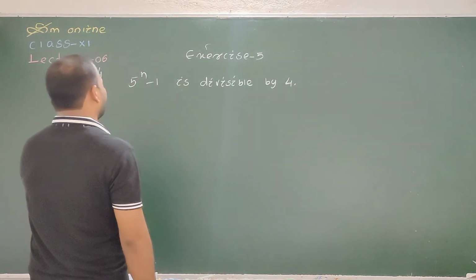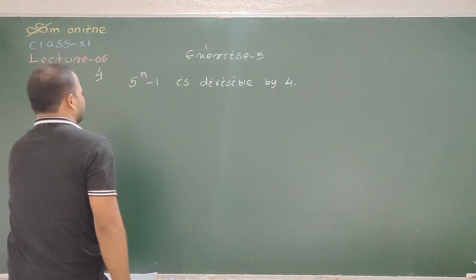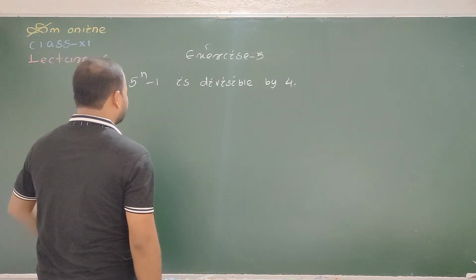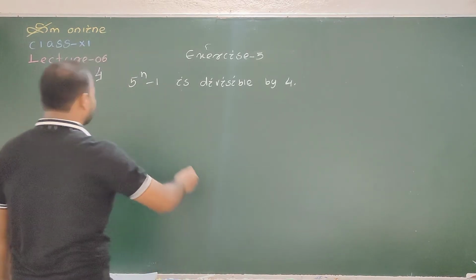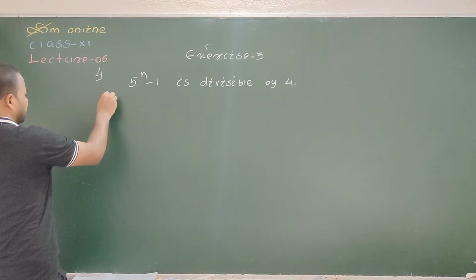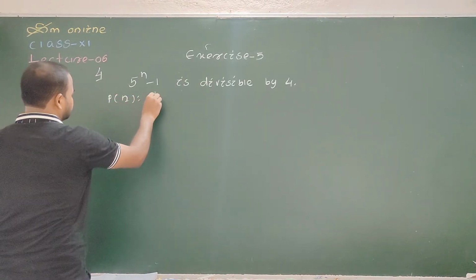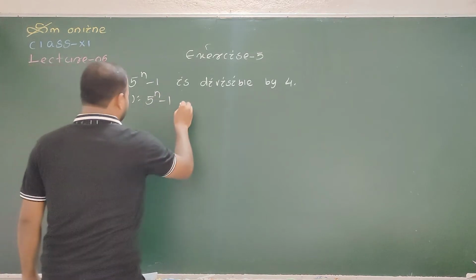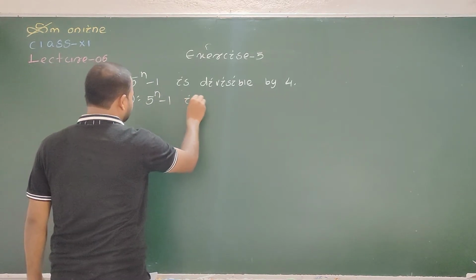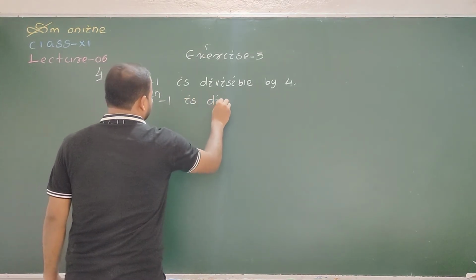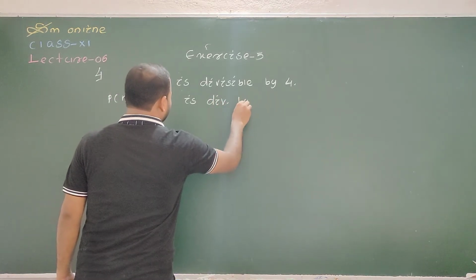Okay, first let the given statement be denoted by P of n: 5 to the power n minus 1 is divisible by 4.